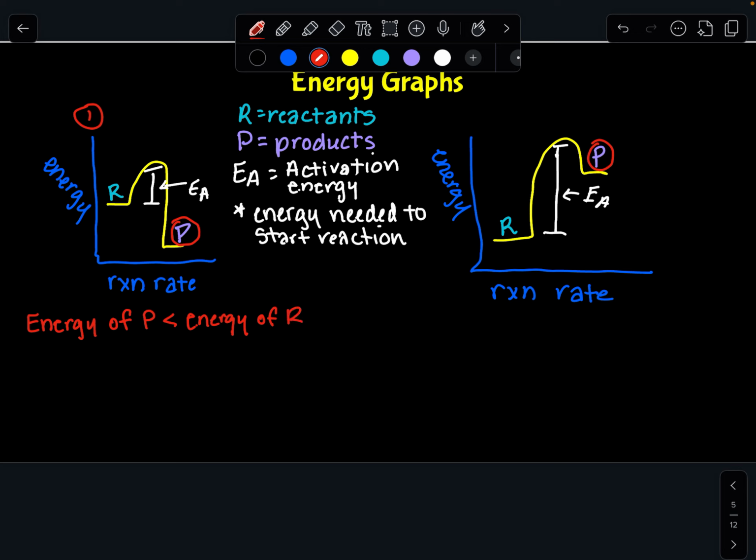And what that means is that heat was given off. So heat is released. And when heat is released, we call this reaction exothermic. These reactions tend to feel hot to the touch.